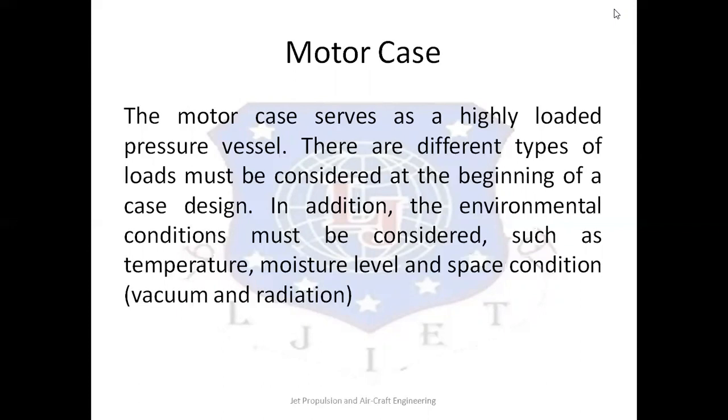Let me brief you about some different types of loads and the origin of the loads, such as internal pressure that causes tension and vibration, axial thrust that causes axial vibrations, then motor nozzles that cause axial, bending and shear stress, then flight maneuvering causes axial bending and shear torsion, then ground handling, which is the origin of torsion, compression, bending, and shear stresses.